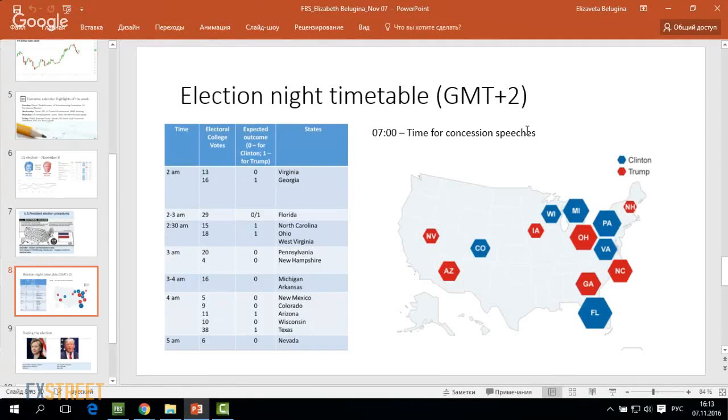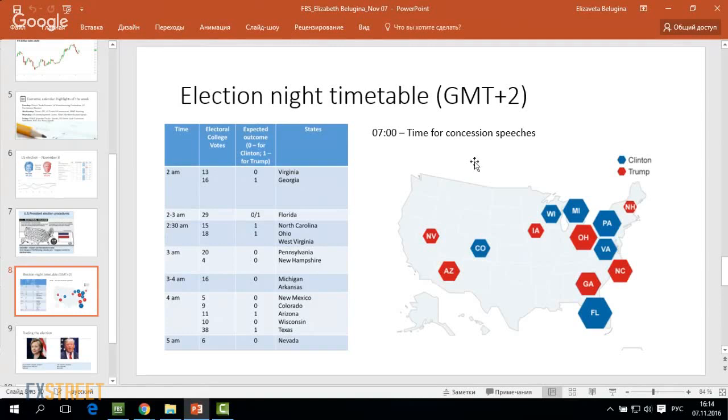So if Trump loses Florida and Ohio, then probably it will be pretty certain that Hillary Clinton has won the overall election, and at 2-3 a.m. GMT +2, we can already make our trades which focus on Hillary Clinton's victory scenario. So we will be ahead of the main amount of market participants, and this may be a good trade idea to join the market earlier.